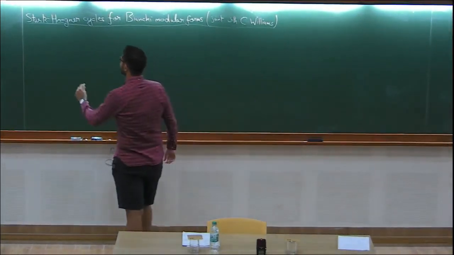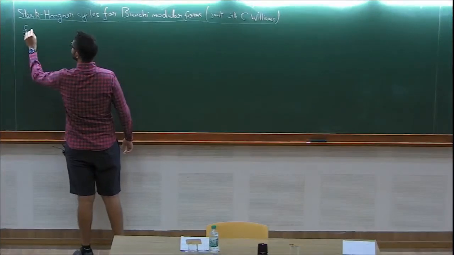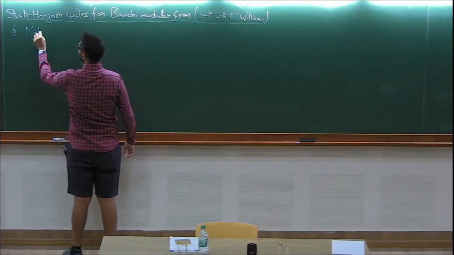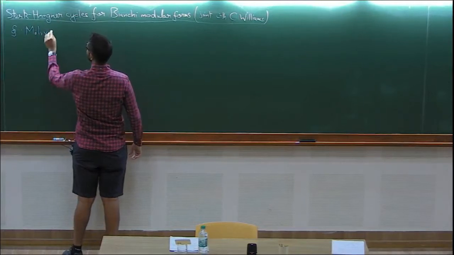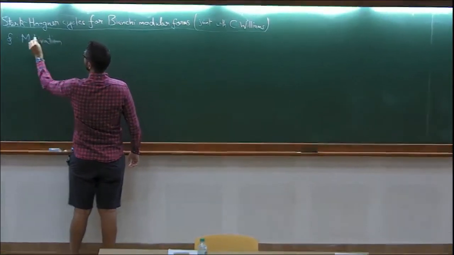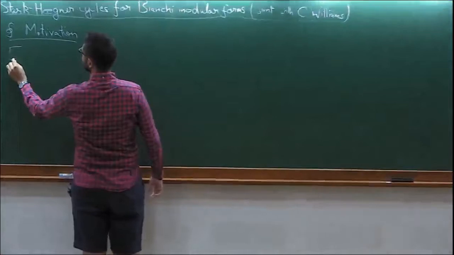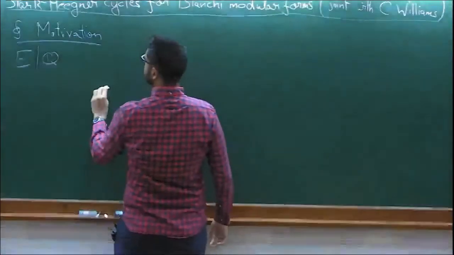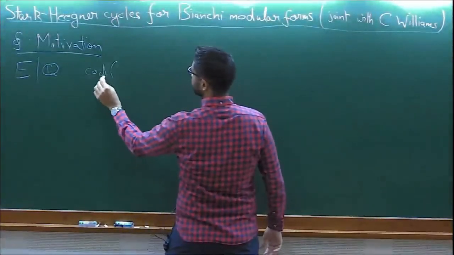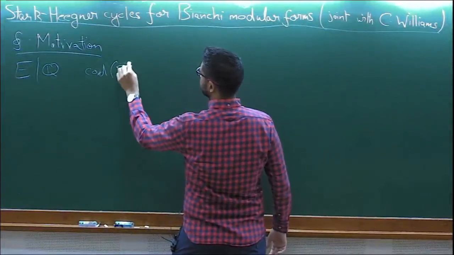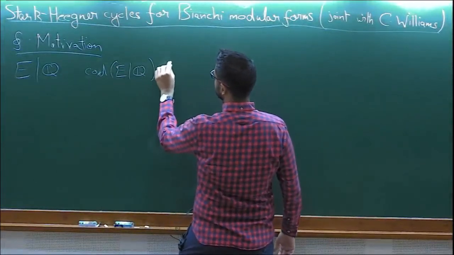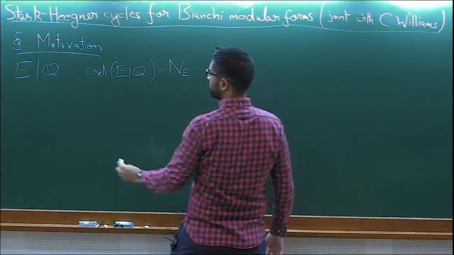So as the board dries, let me start with some motivation, which is also going to be a background for these kinds of objects. So let me start with an elliptic curve over the rationals, say, of conductor N_E. Conductor of E over Q, let's call this N_E.